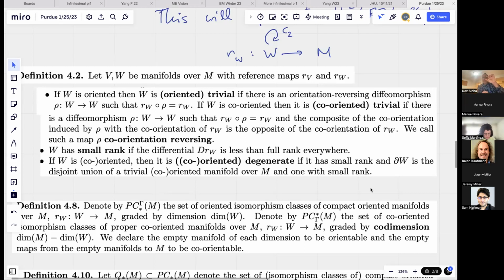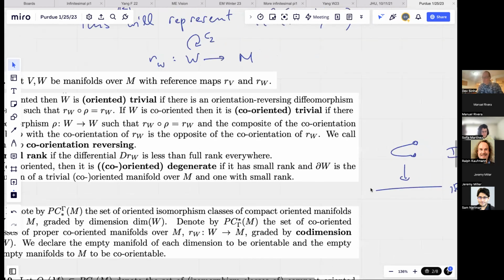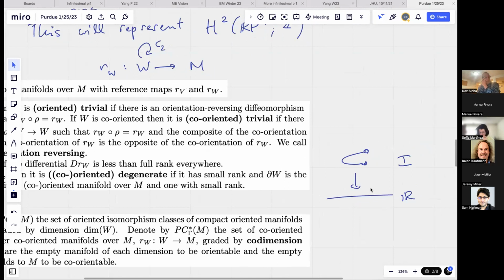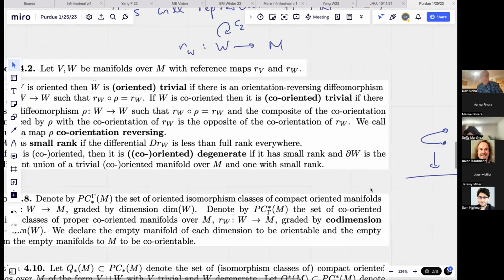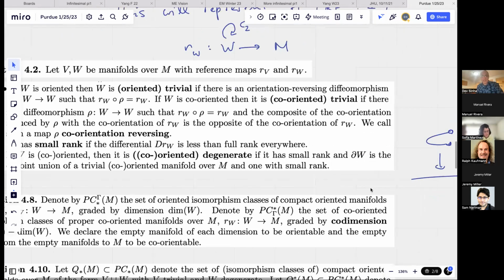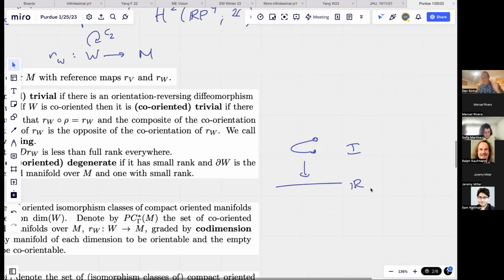Let me give you the little example here. Here's an interval mapping to R, projecting onto R. This is degenerate because its boundary then has a co-orientation reversing diffeomorphism.